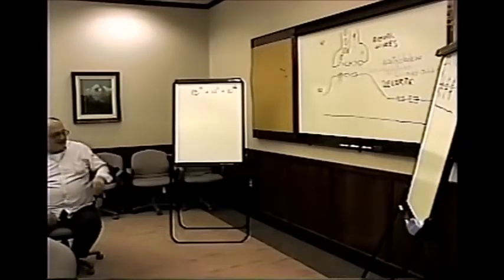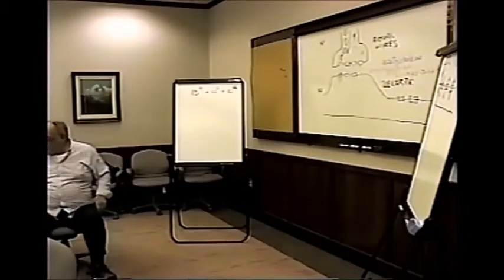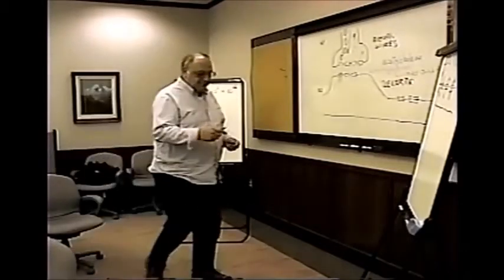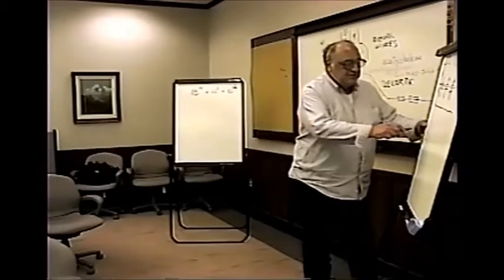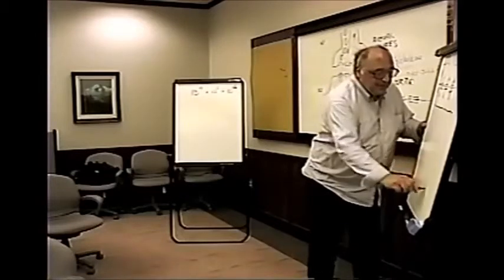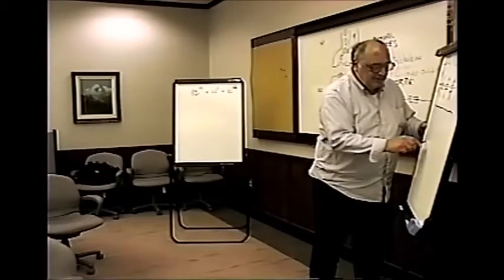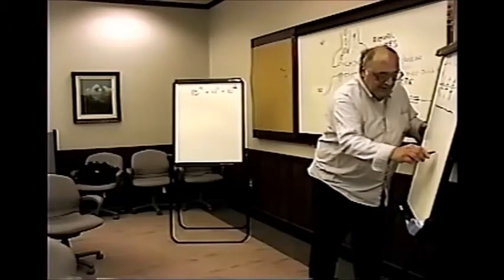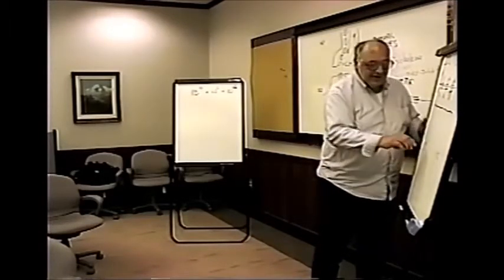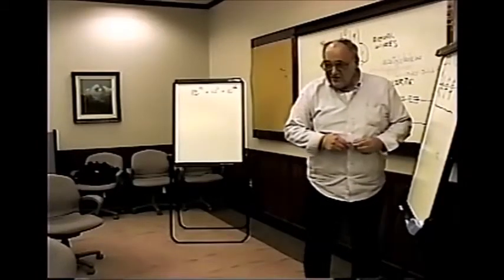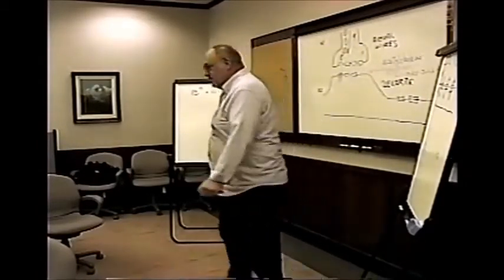Remember those two lines that I drew? You know, the perceptual interface and the behavioral interface. Now what we're doing is we're trying to determine what's in here. You know, what's in that black box?